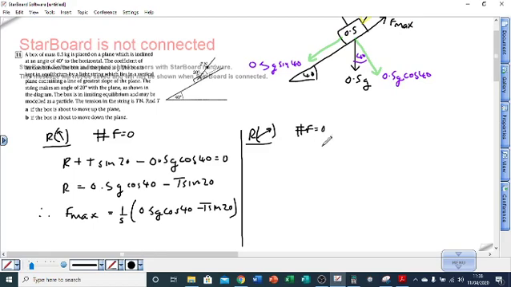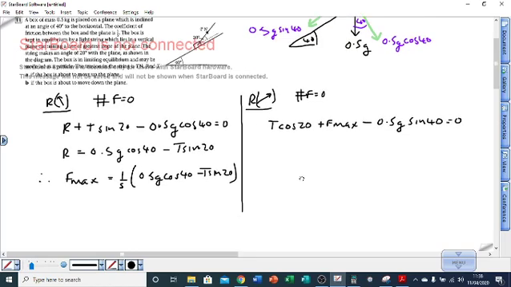So now I've got 2 going up, so that is T cos 20 plus F max minus the opposing one, which is the weight component, 0.5 G sin 40, is equal to 0.